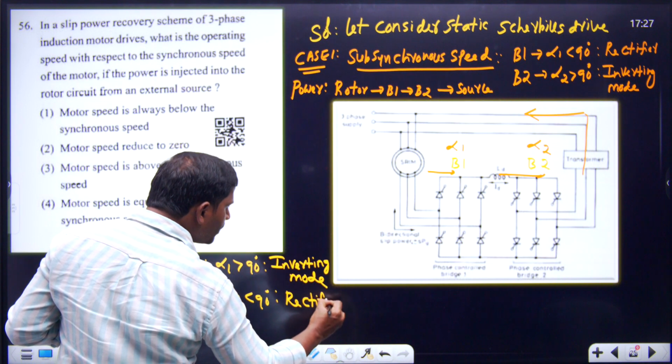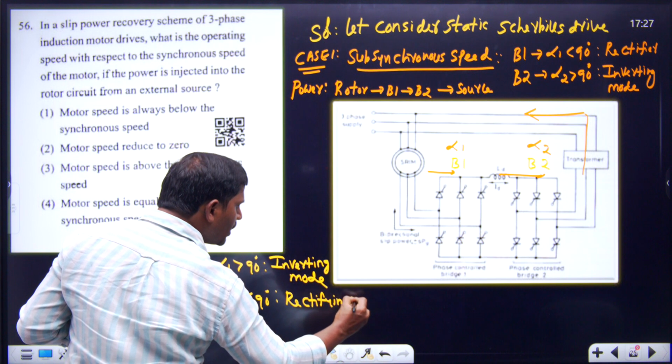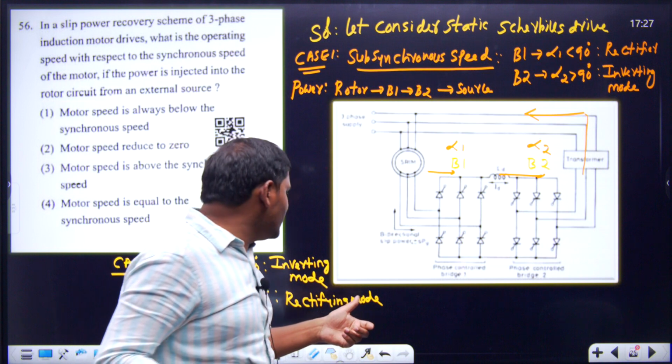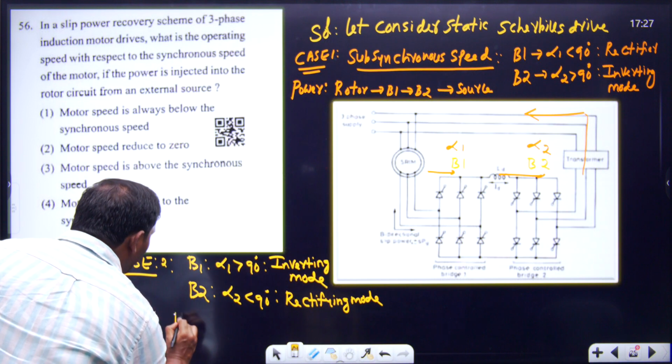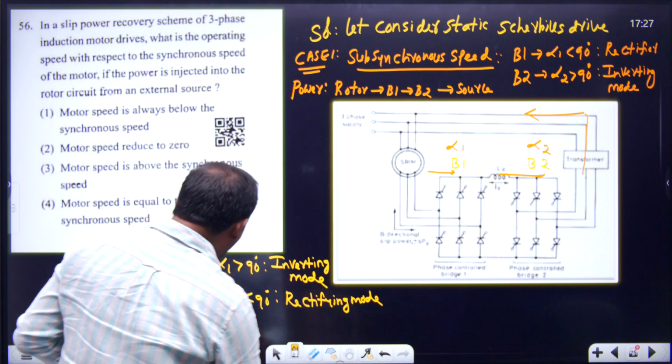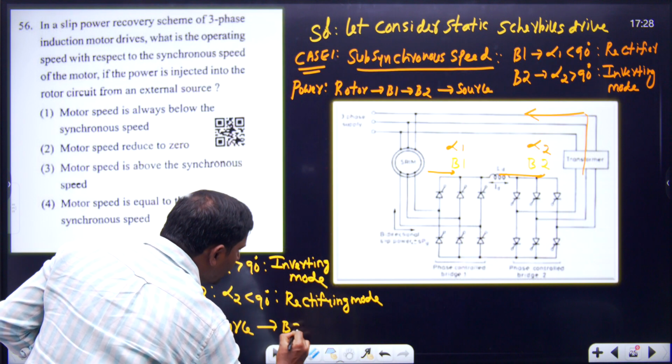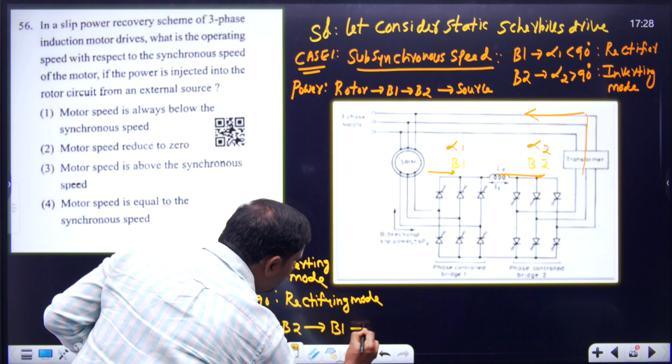Rectifying mode, that you have to concentrate on. And in this case the power is delivered from the source to bridge 2 and bridge 1 and finally to the rotor circuit.